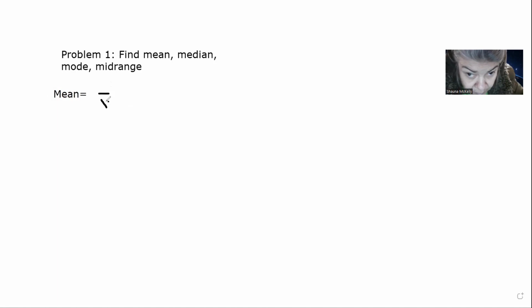And the way we get the mean, as I mentioned before, is to take the sum of X and divide by N, which is the number of values that we have. So that's going to be, now, this is where this comes in handy. Remember, we're doing it by hand.